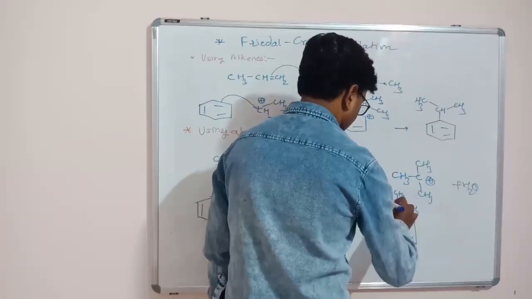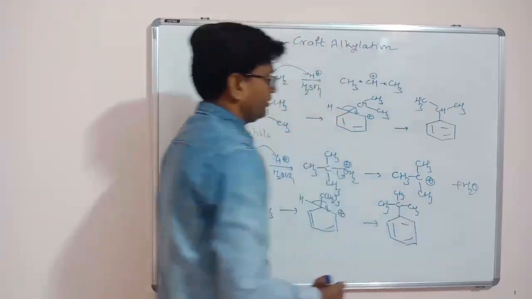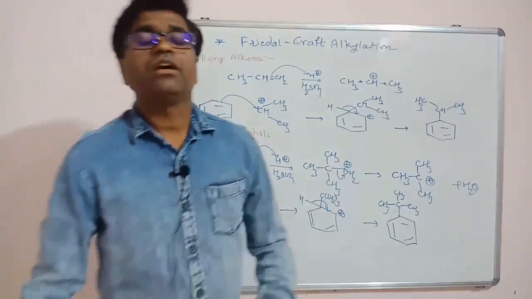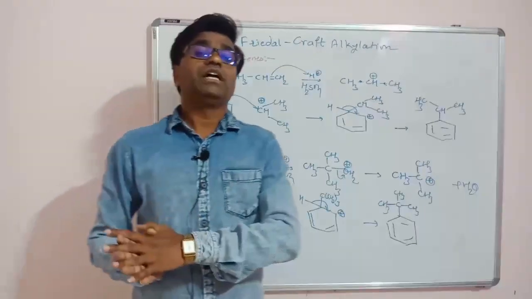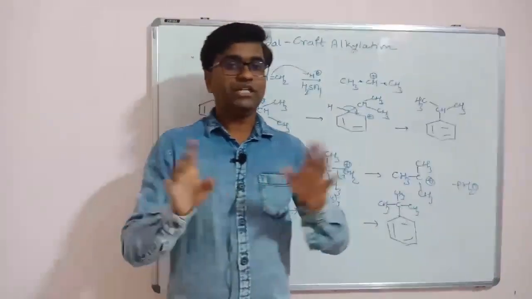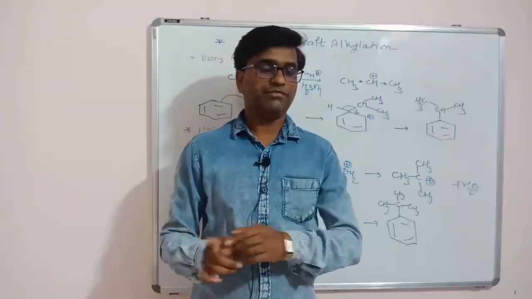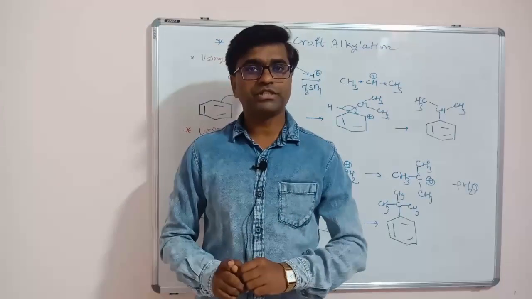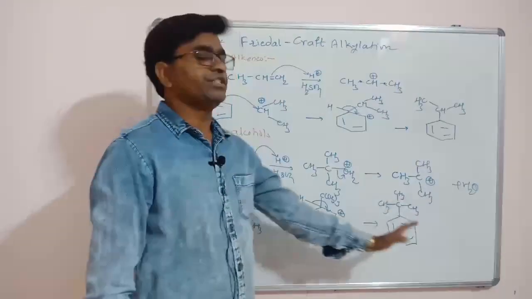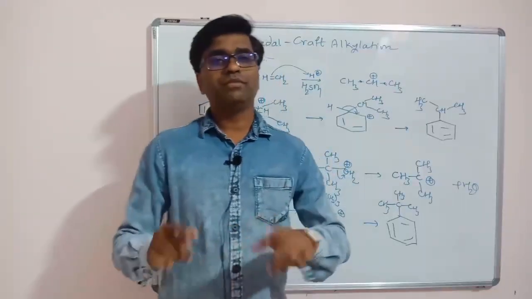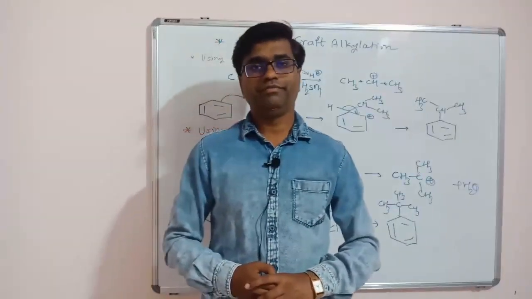So we will get the product, named tertiary butyl benzene. So in this way, Friedel-Crafts alkylation: first one is polarization, generation of electrophile in terms of carbocation. Second step is formation of sigma complex, and third step is aromatization. So the sigma complex is converted to the aromatic ring by losing the hydrogen.